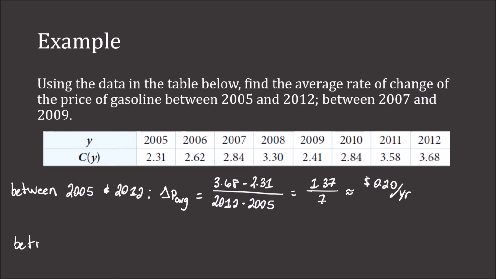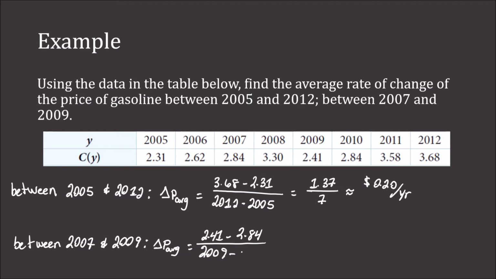If we now look at between 2007 and 2009, so we go, okay, well, the price in 2009 was $2.41. In 2007, it was $2.84, over the change in year.